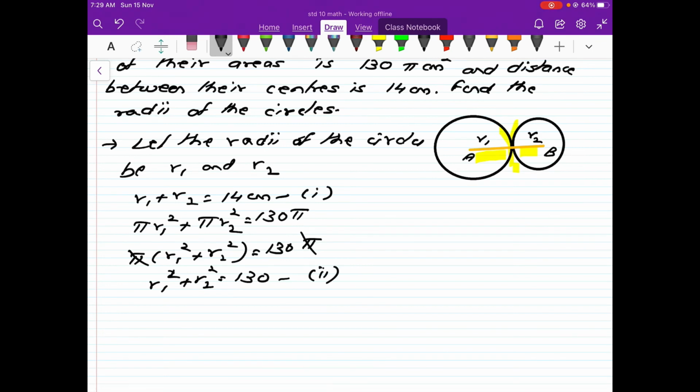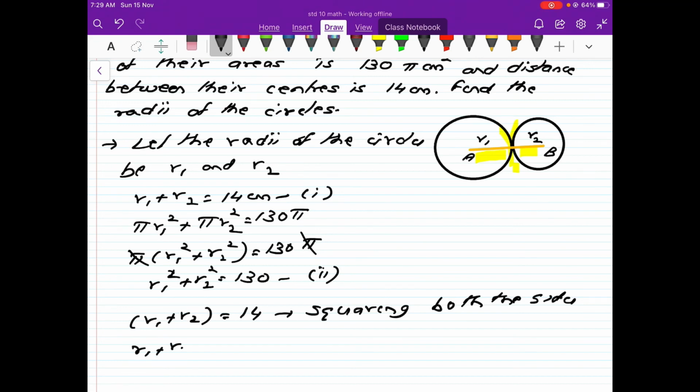So we take statement number 1, r1 plus r2 is equal to 14. So squaring both the sides, what we will get? This is nothing but a plus b the whole square. So this is written as r1 plus r2 the whole square is equal to 14 square.